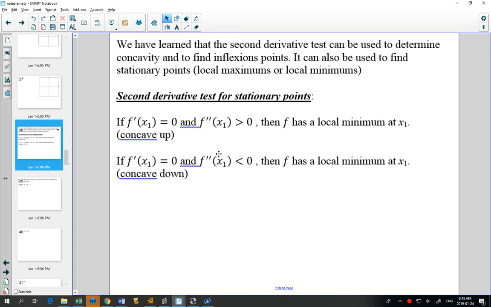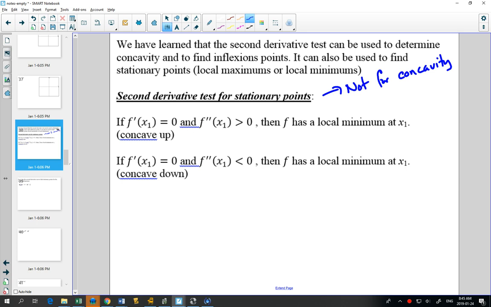Okay? The thing about the second derivative test is we've learned that the second derivative test tells us about concavity. So the main thing that people get confused on with the second derivative test is they think it's for concavity. So make a little note here. The second derivative test is not for concavity.